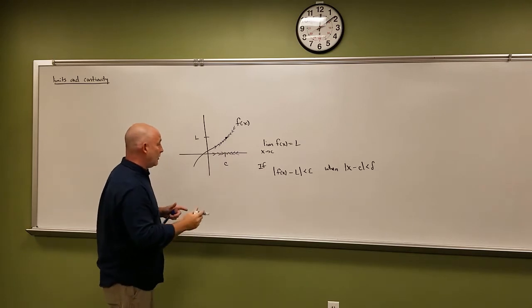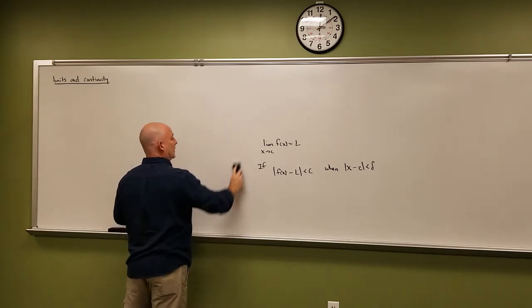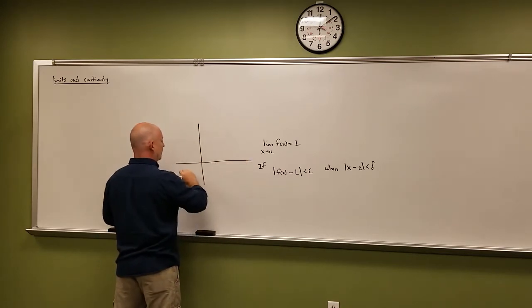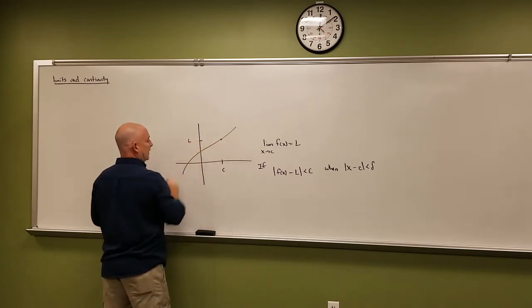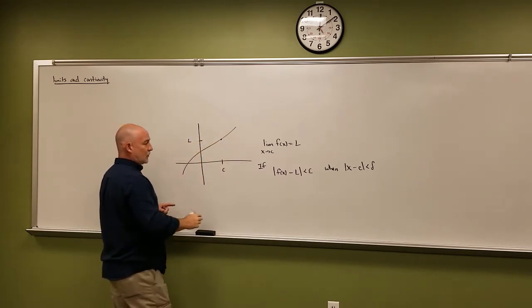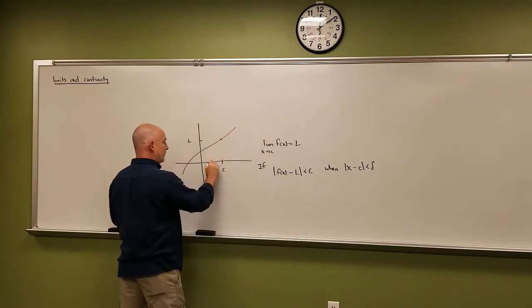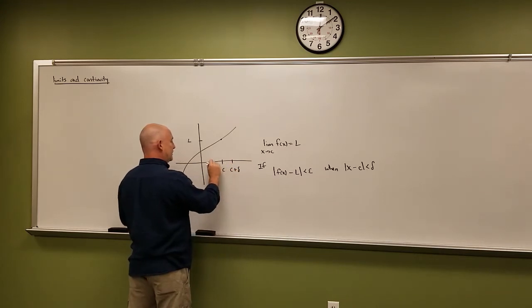Well, let me redraw the exact same picture, and you kind of get the idea of what this is talking about. There's my function, there's c, there's L. So this is saying the distance between x and c, so here this would be c minus delta, c plus delta, creates this little window.